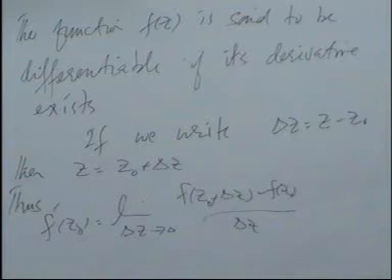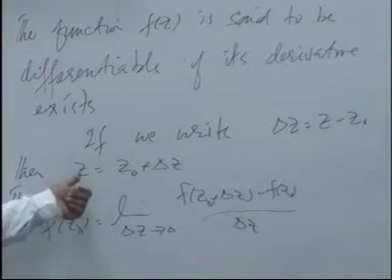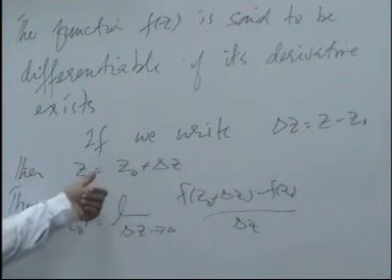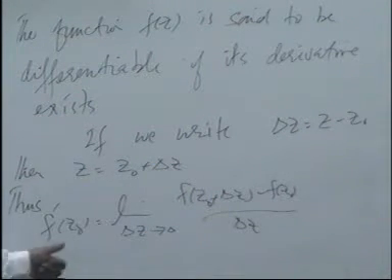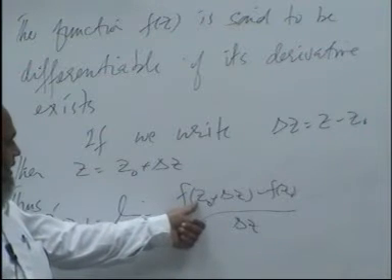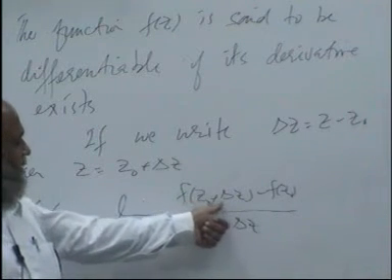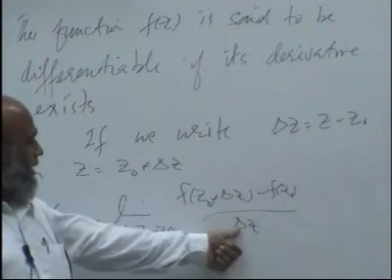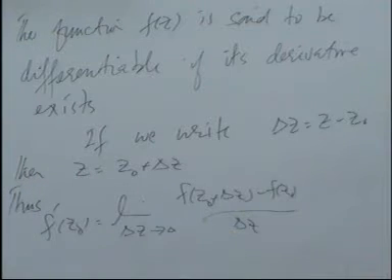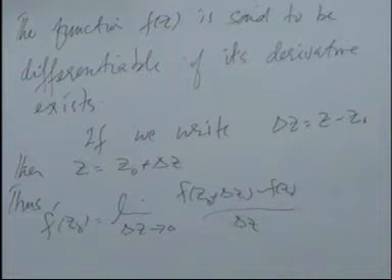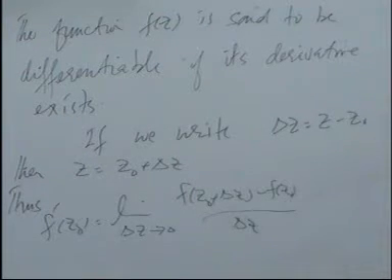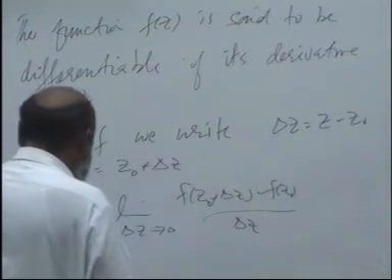When z tends to z naught, that means delta z tends to 0. So delta z tends to 0, z is replaced with z naught plus delta z, and this is divided by delta z. This is another way of writing the same definition. You can write either this or this.